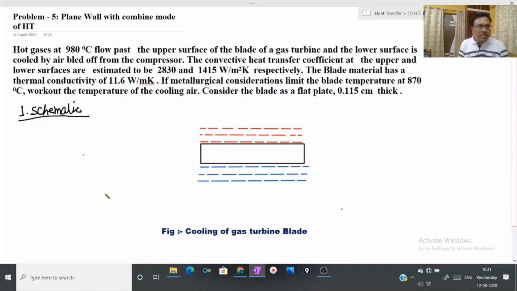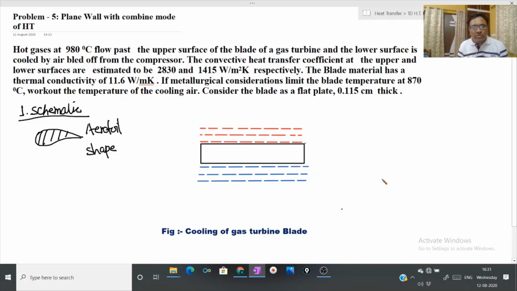So generally the shape of the turbine blades is like this, and it is called an aerofoil shape. But in the given problem it is mentioned to assume the shape of this turbine blade as a flat plate. So for that I have considered the flat plate shape of the given blade of gas turbine.